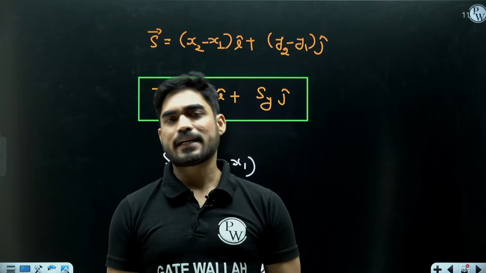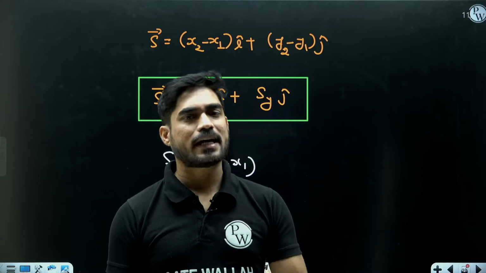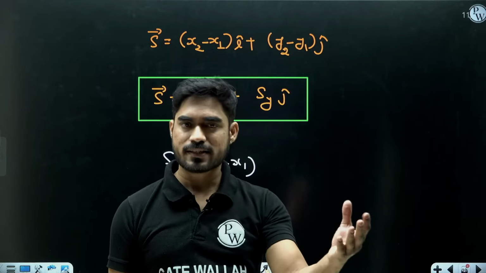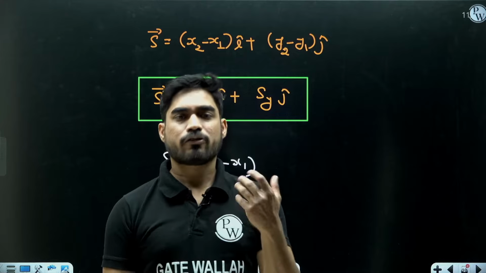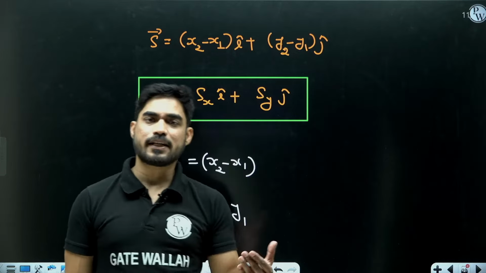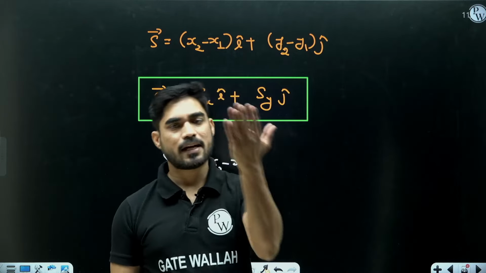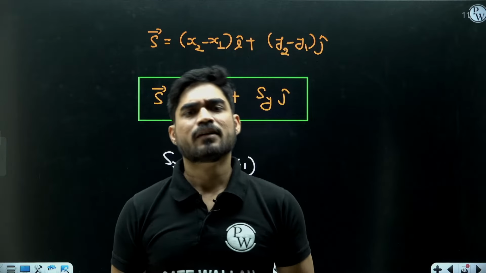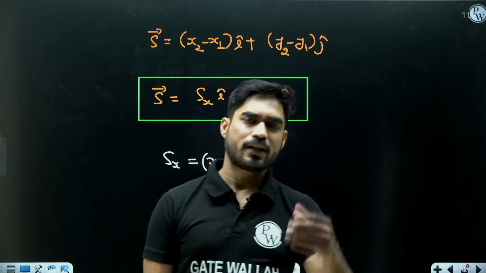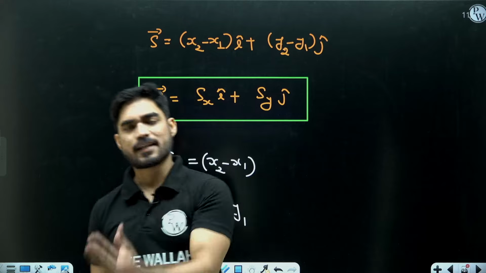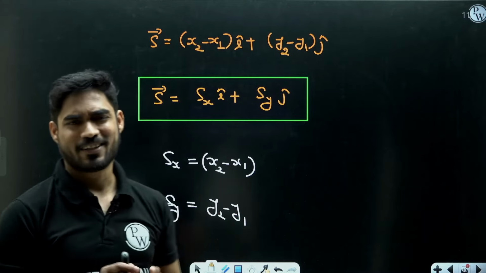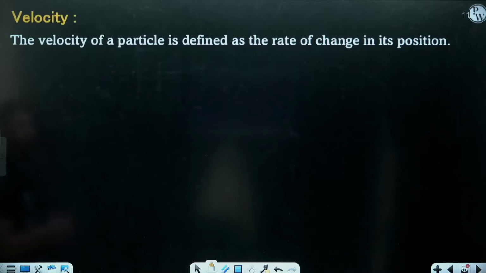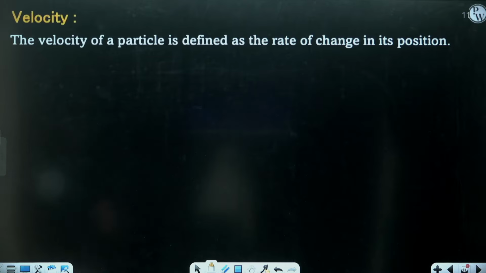The only thing is here you need to calculate everything once in x, then next in y. For example, if you are calculating velocity, calculate velocity in x and velocity in y separately. If you are calculating acceleration, calculate acceleration in x and acceleration in y separately. That's it.